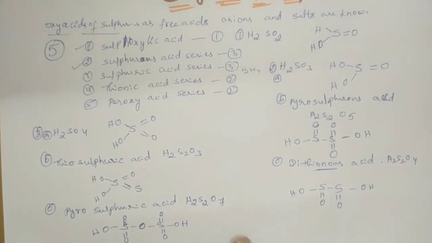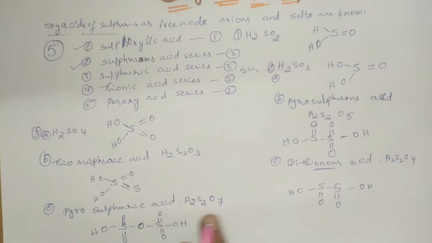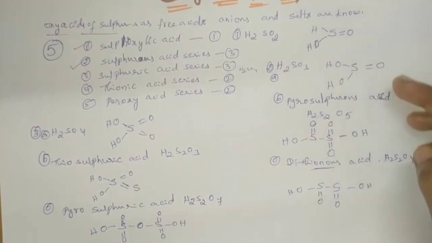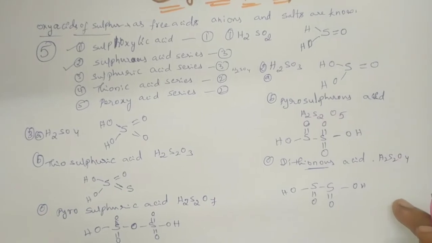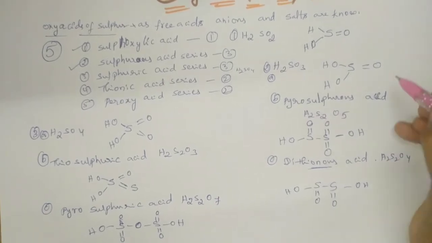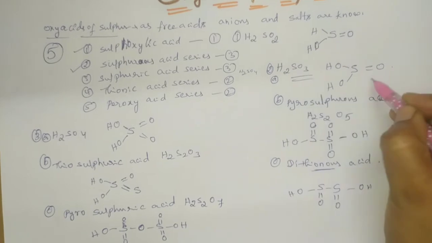Okay, what is the geometry of these? This one is simple. In this one, these all have the bulky structure. So what about sulfurous acid, the geometry of sulfurous acid?